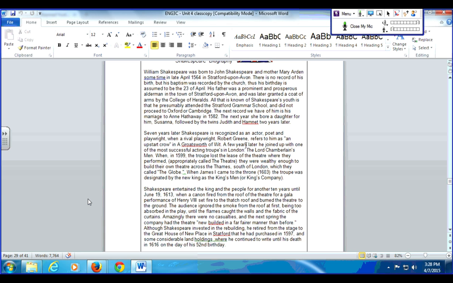Now, the next record we have of him is when he got married to Anne Hathaway, and that was in 1582. So he got married when he was 18. The next year, she bore a daughter named Susanna, and then twins, Judith and Hamnet, 2 years later.